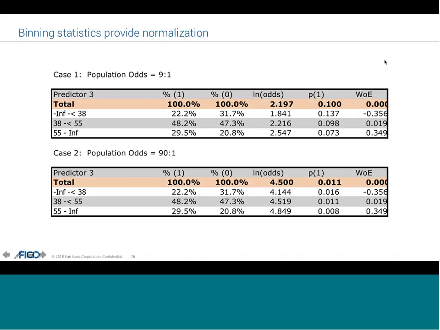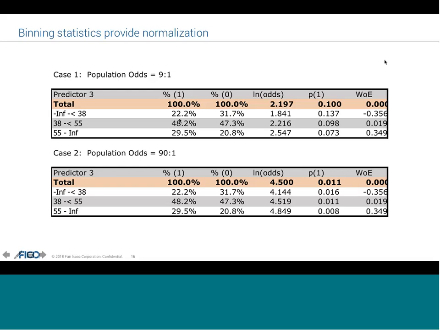If I'm looking at metrics that go back to raw numbers, I'll be looking at metrics such as log odds or probability of 1, the total number of records falling into category 1 out of the total number of 0 and 1 records. I'm going to see two very different situations, both in total and at the bin level.